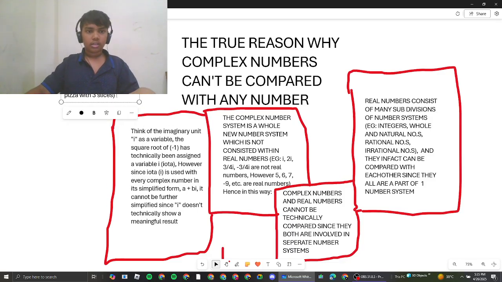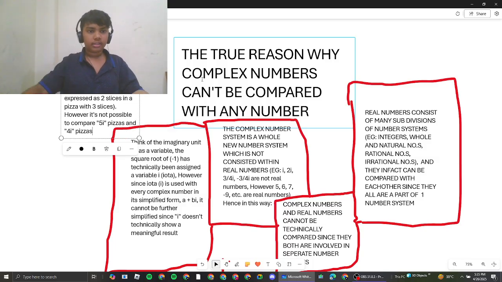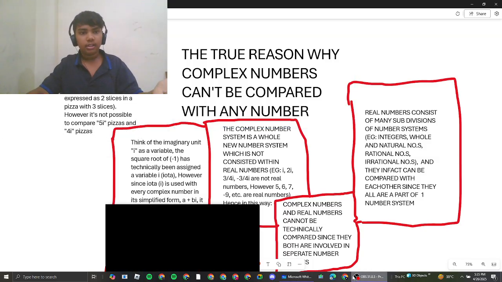However, it's not possible to compare 5i pizzas and 4i pizzas. Can we do that? No, we can't do that.